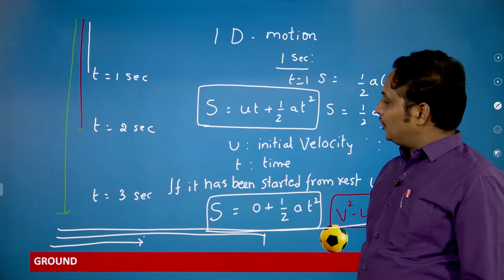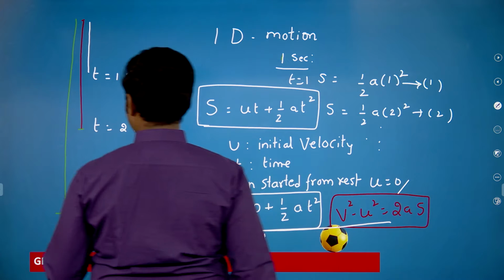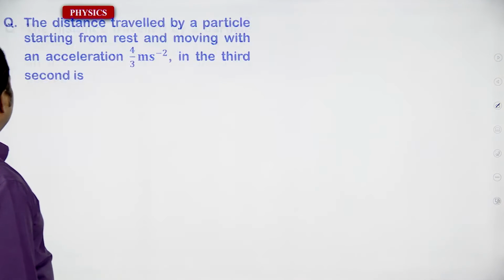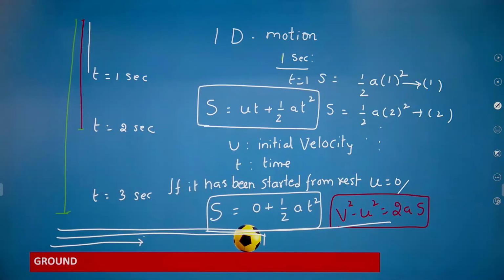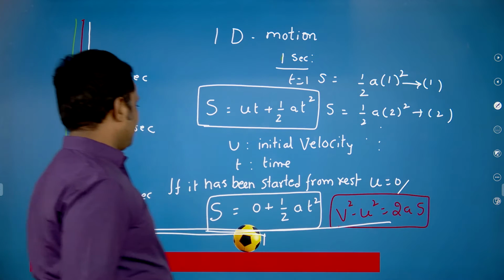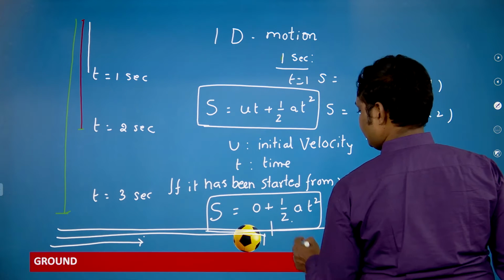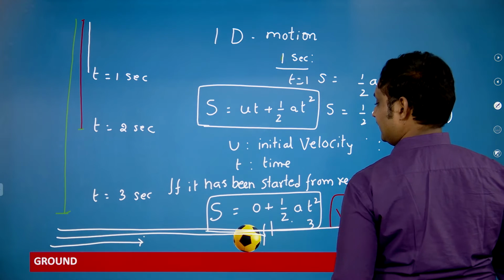You would like to solve for the distance travelled, what they are going to ask. The distance travelled by the particle starting from rest and moving with an acceleration of 4/3 meter per second square, in the third second. How will you calculate that?